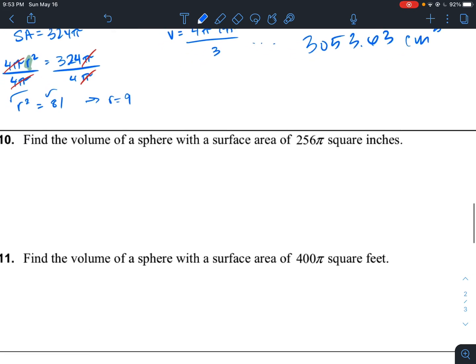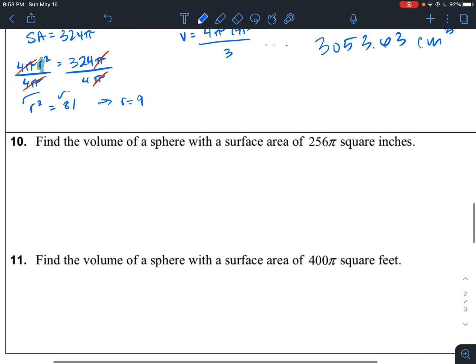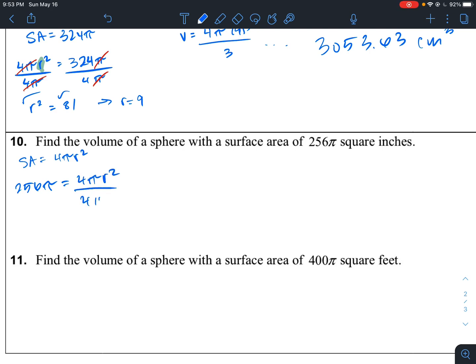And these last two examples are similar to what we just did. So find the volume of a sphere with a surface area of 256 pi. So again, surface area, as we know, is equal to 4 pi r squared, and the surface area for this sphere is 256 pi. Okay, so then just divide by 4 pi, divide by 4 pi.